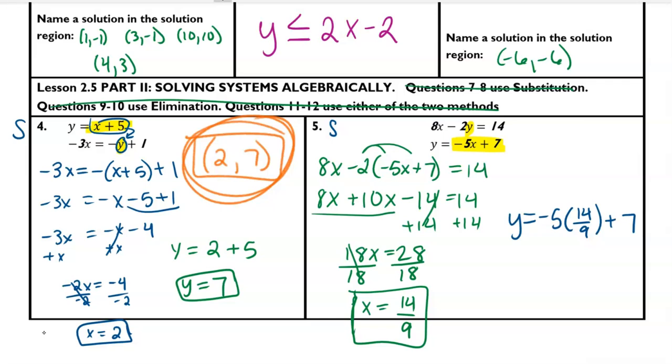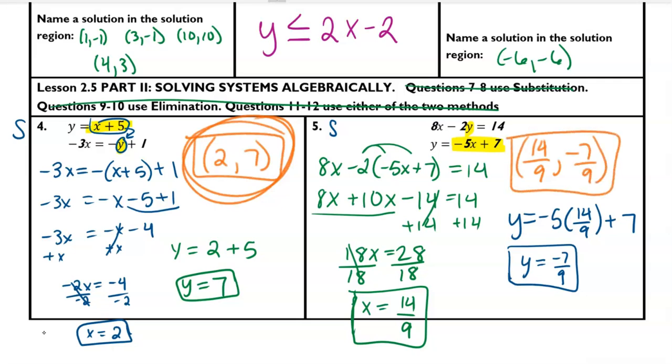So negative 5 times 14 is negative 70, divided by 9 is negative 70 over 9. So our coordinate point here, our point of intersection between these two lines, is 14 over 9, negative 7 over 9.